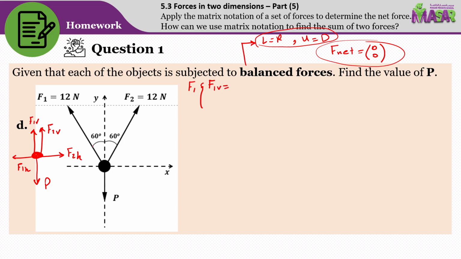Now the angle here is with respect to the vertical or the y-axis. So the cosine should be applied along the vertical component. F1V is equal F1 cosine the angle, which is equal F1, here in this case, 12 cosine 60.